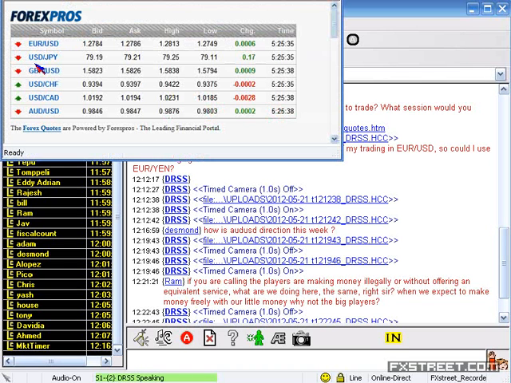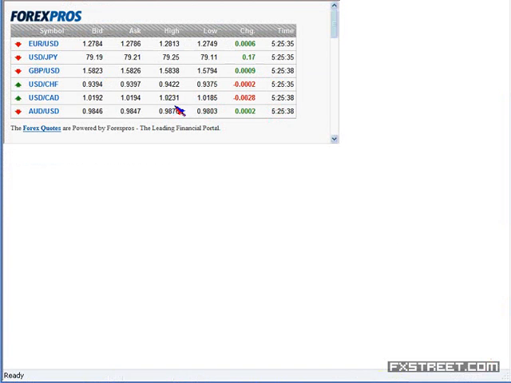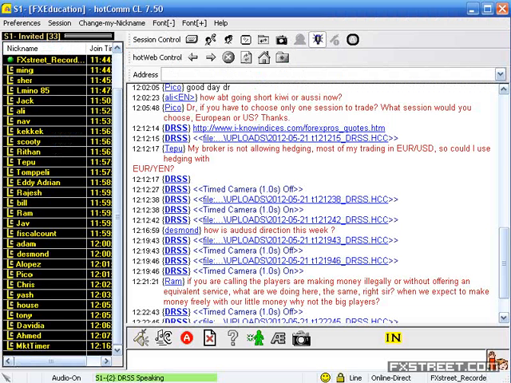Japanese and the US sessions depend upon the volume, but normally what happens, even if the volume is not there during the European session, they will try to make some volatile moves in the market in order to attract the traders. By the US session, many of the traders would have either booked profit or they would have just cut loss. So gradually the volume diminishes. Then you find the market swings get reduced. So the European session could be the ideal session.